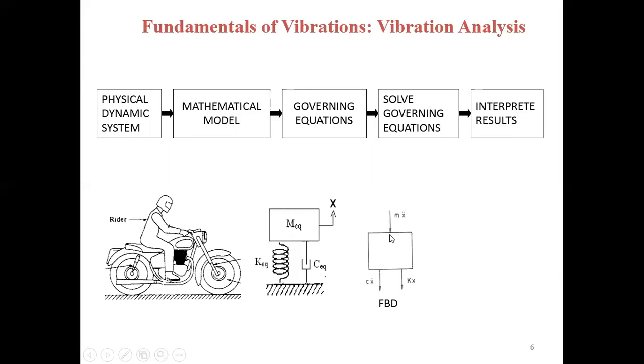If the external force is produced due to the mass and due to the gravitational force, then two kinds of resisting force are produced in the system.